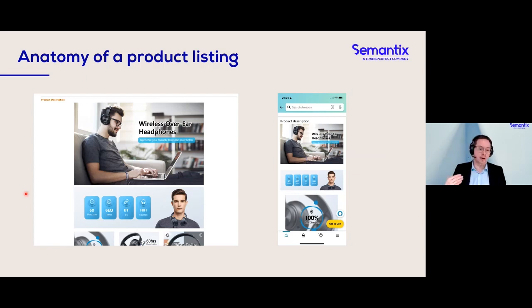So if you have customers that are doing a lot of mobile shopping, if your product segment is particularly one that people use their phones to buy, you might want to consider really focusing on this because of its role on the mobile device.